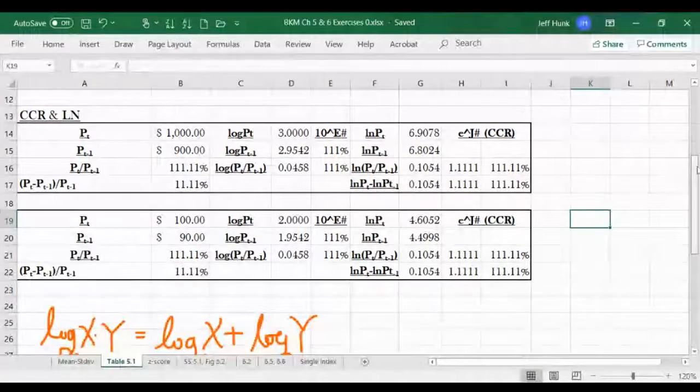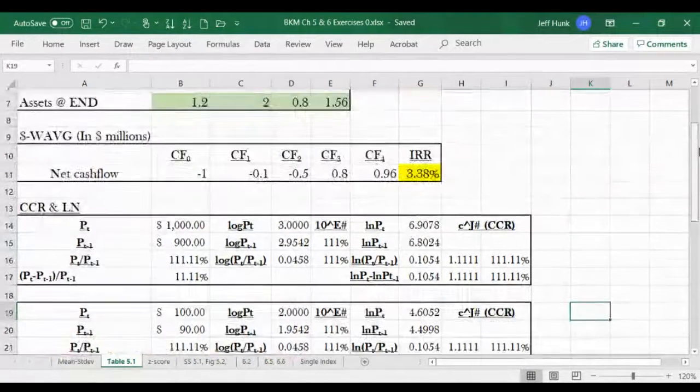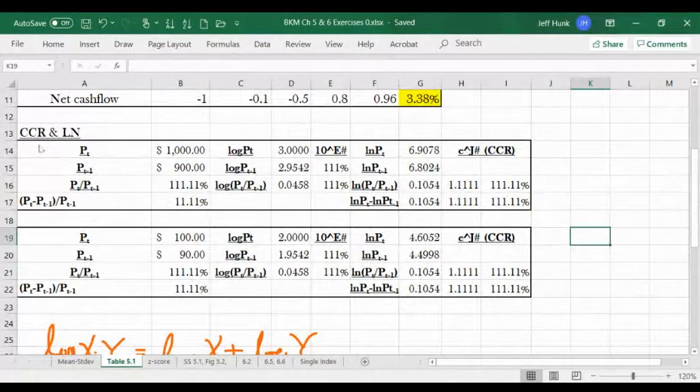So here I put some continuously compounded return exercise to see the connection between continuously compounded return and natural log. Now, here, suppose PT is 1,000 and PT minus 1 is 900.